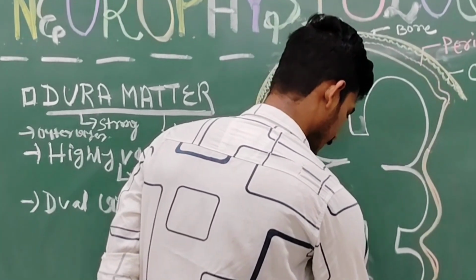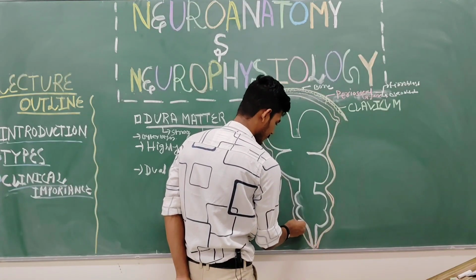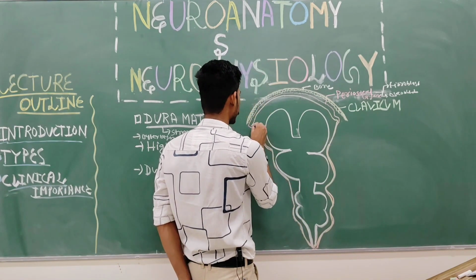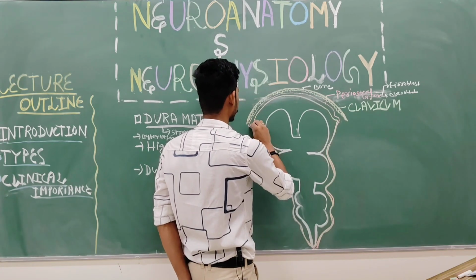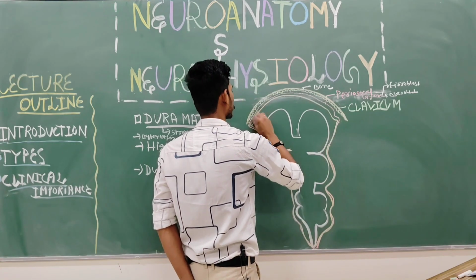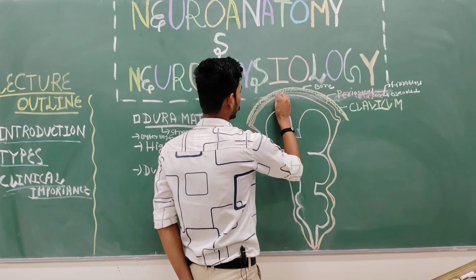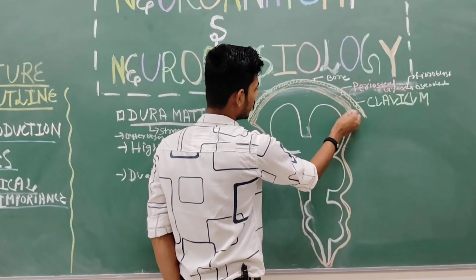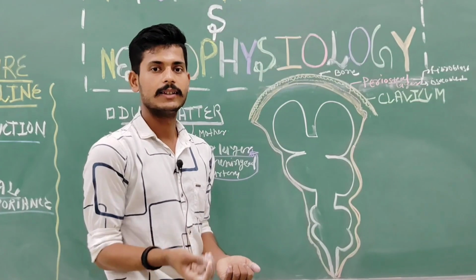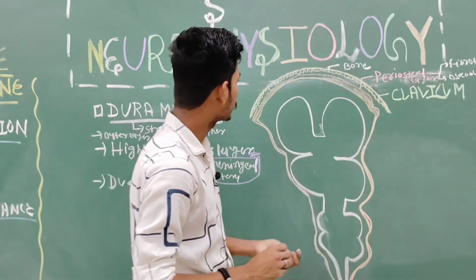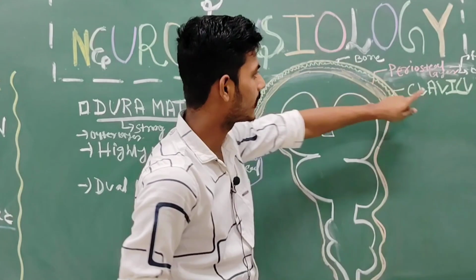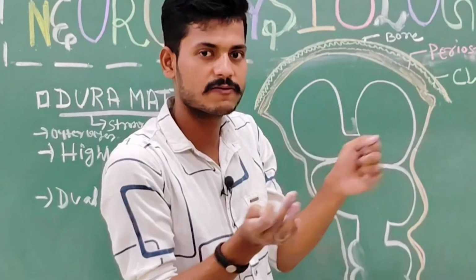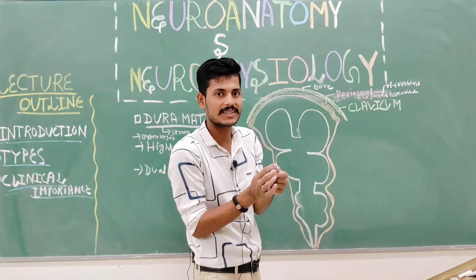You are seeing this, they are attached with the first layer, the periosteal layer. Now, the things you have to remember here is that there are spaces. The first space you should remember: the periosteal layer and clavicum are firmly attached, but there are some potential spaces.